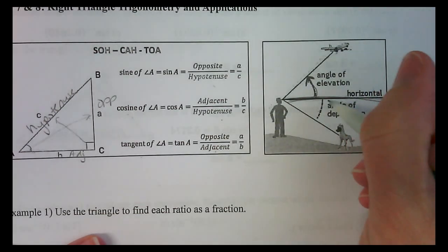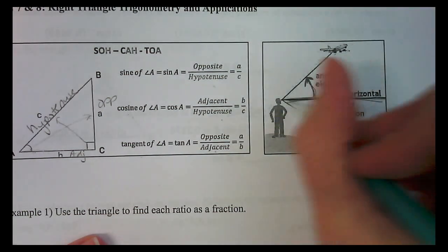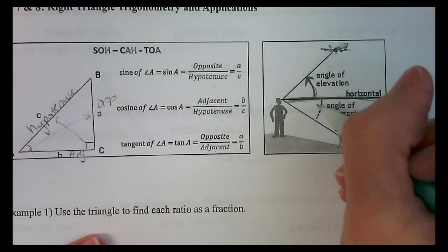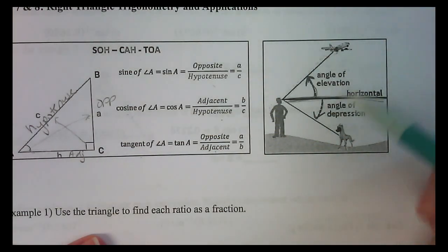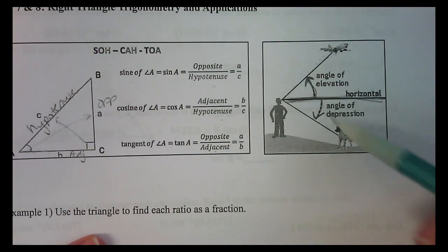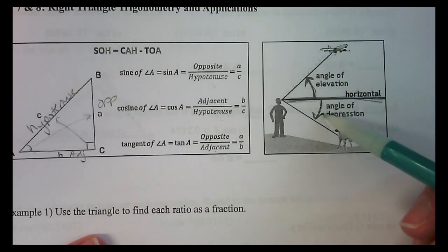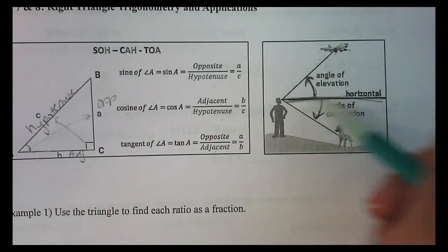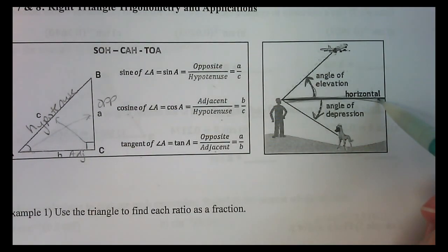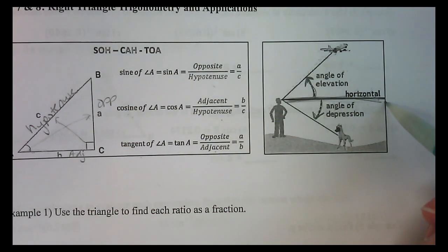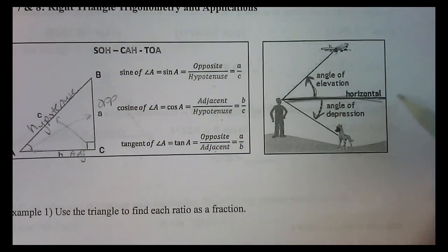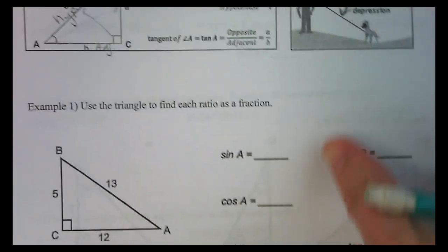Angle of depression is from some horizontal line down to what I'm looking at. So in this case, it's the angle I'm looking down at this dog. Sometimes this horizontal might be on the ground, sometimes it might be a line of sight, sometimes it might be the top of a building. There are different situations.